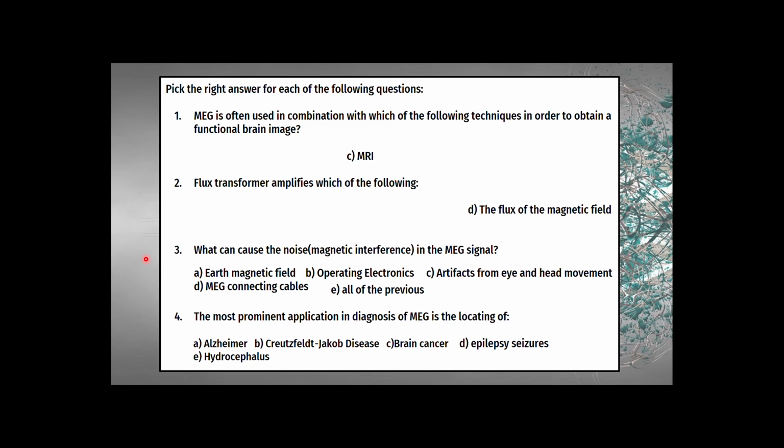Other sources of magnetic fields, such as the magnetic fields generated from the human body itself. There are going to be artifacts from simple movements. These artifacts are going to disturb the MEG signal. So here it says the Earth magnetic field, the operating electronics, the artifacts from hand movement, and MEG connecting cables. So the answer is going to be all of them.